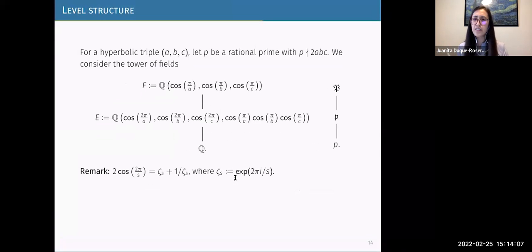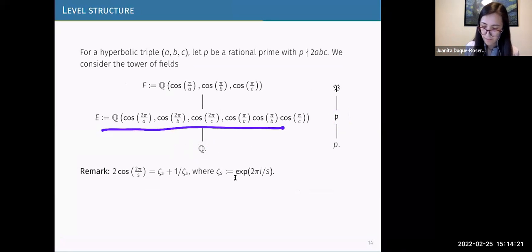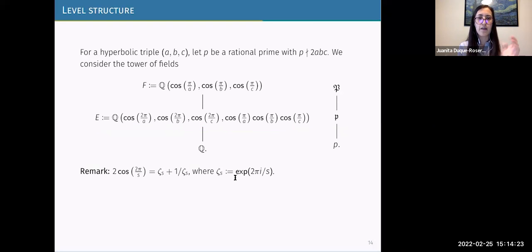To understand level structure, there is a little subtlety, and it is that we cannot think about rational numbers. We actually have to think about level structure of prime ideals that live in this field E. And don't pay much attention to the definition of E. This is the trace field of the matrices that embedded our triangle group in PSL2R.